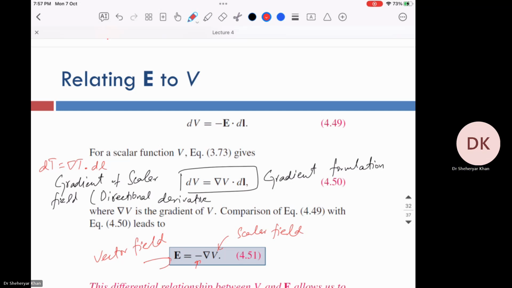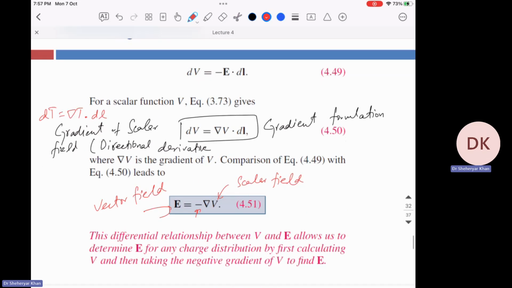That's it. So sometimes we ask in the exam how V and E are linked together.